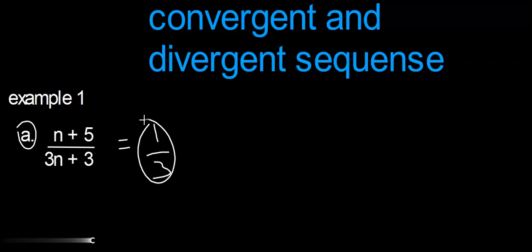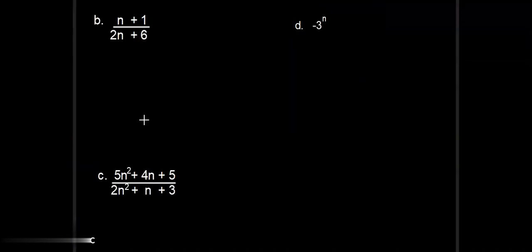So it will converge to 1 over 3. I hope you understand now what convergent means: it means the sequence approaches one specific number. We're going to see a lot of different examples, including some with divergent sequences too. So now let's go to some other questions.